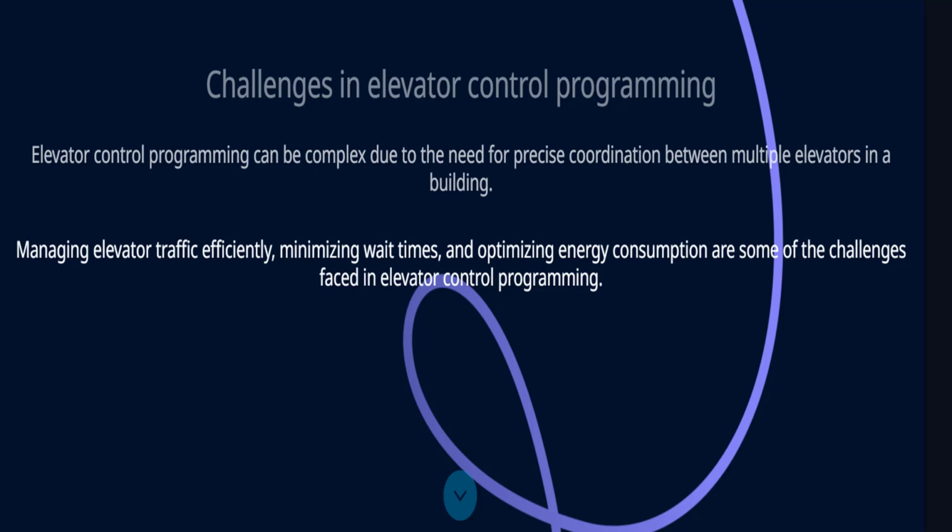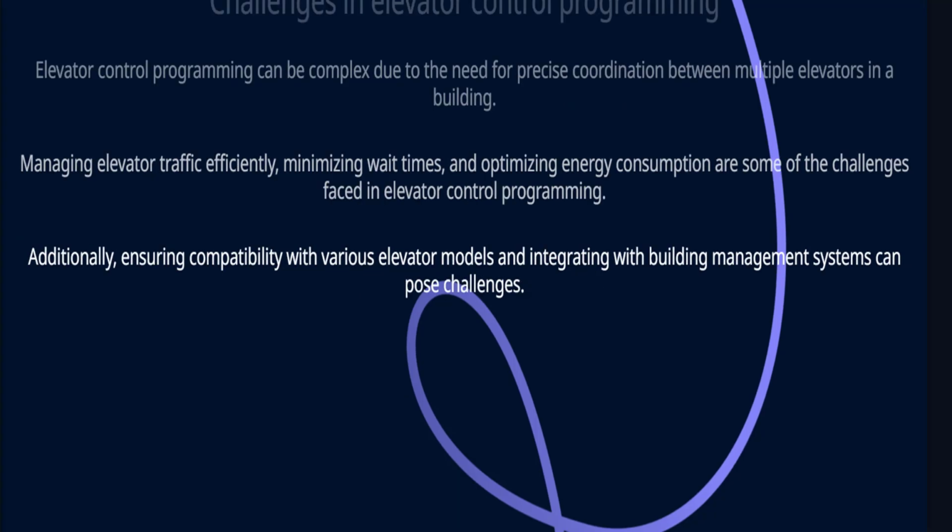Efficiently managing requests during peak times is complex. The program must minimize wait times, reduce energy consumption, and ensure smooth operation. Compatibility and integration. The control system must be compatible with different elevator models and integrated with the building's management system. This ensures that elevators function correctly alongside other systems like fire alarms or HVAC.